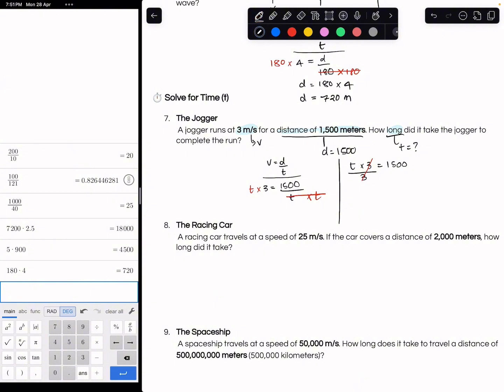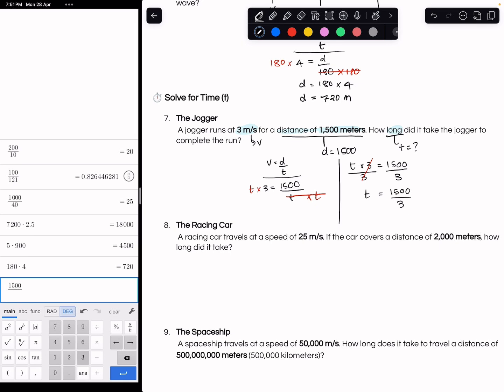What I do to one side of the equal sign, I have to do to the other. So now what I'm left with is t equals 1,500 divided by 3. Plugging that into your calculator, we have t equals 500 seconds.